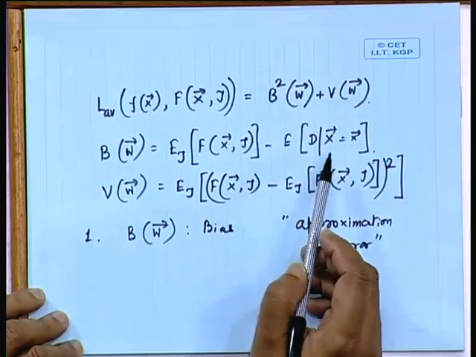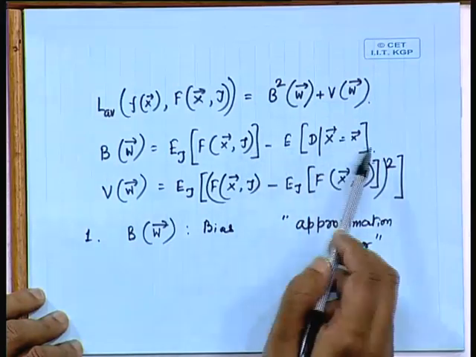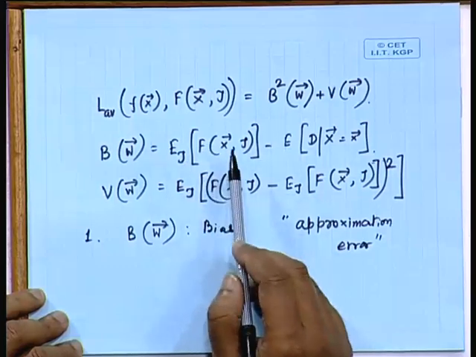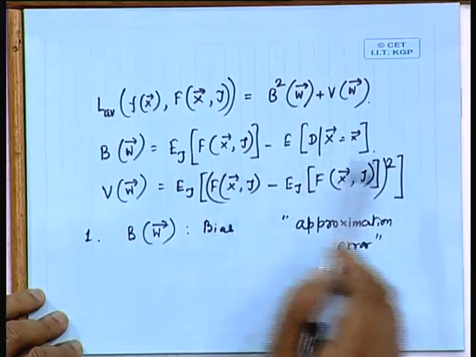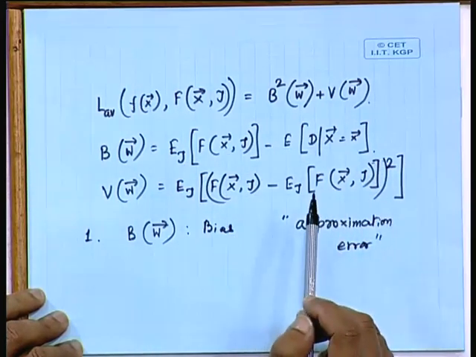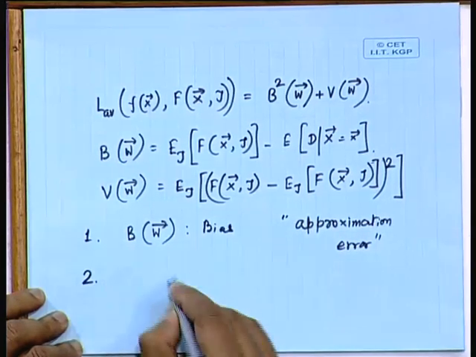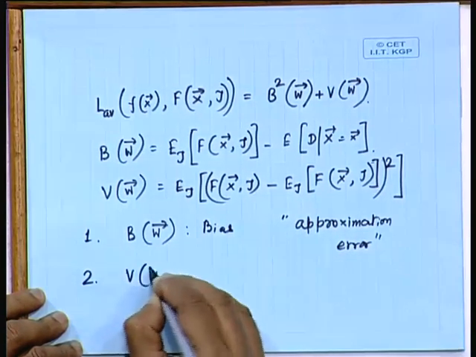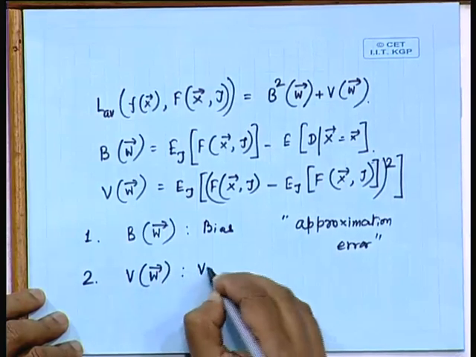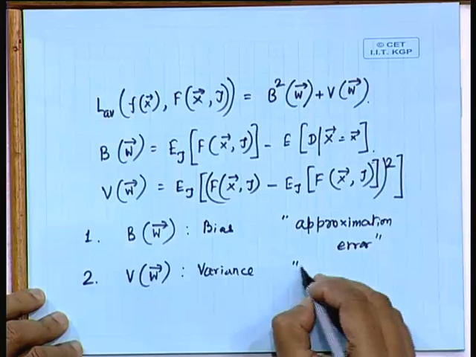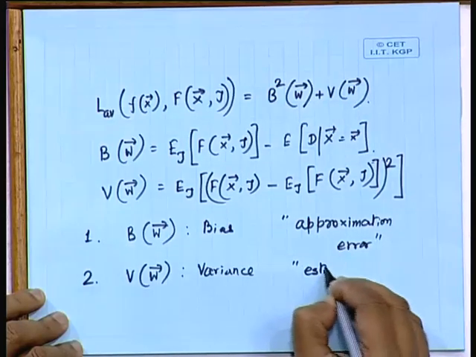The difference between the actual function and the averaged realized function. So, this is nothing but the approximation error. Whereas the second quantity, that is V w, which is the variance, in effect is indicating to us the estimation error.